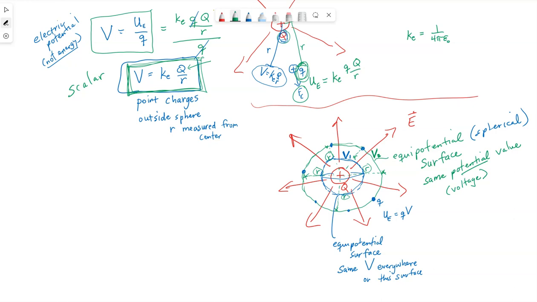So if I happen to have multiple charges, let's say I have a 10 nanocoulomb positive charge, an 8 nanocoulomb negative charge, and these are 4 centimeters apart.